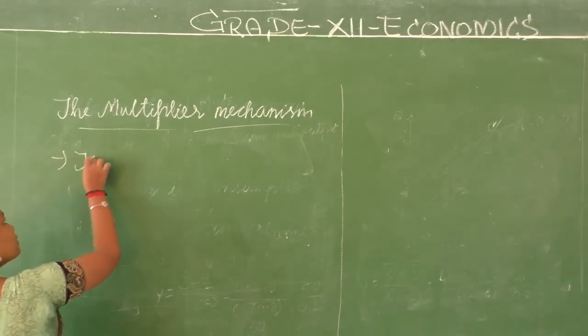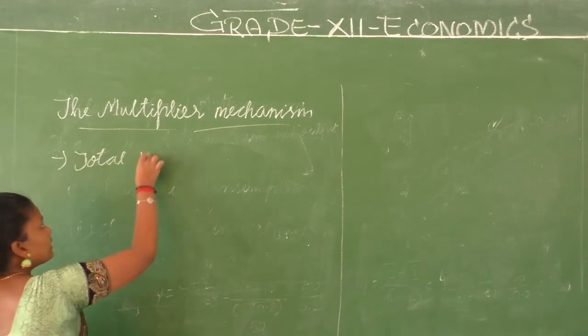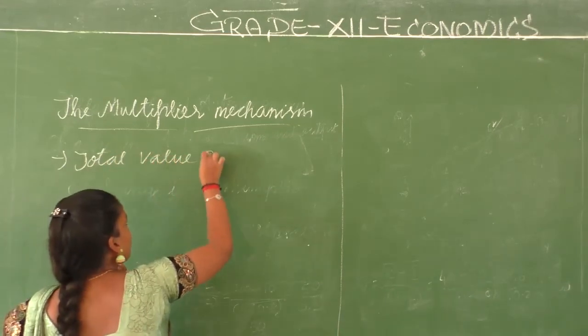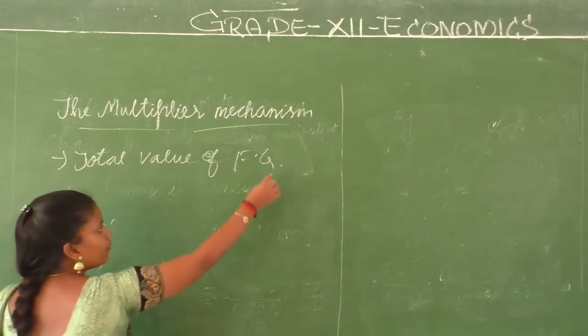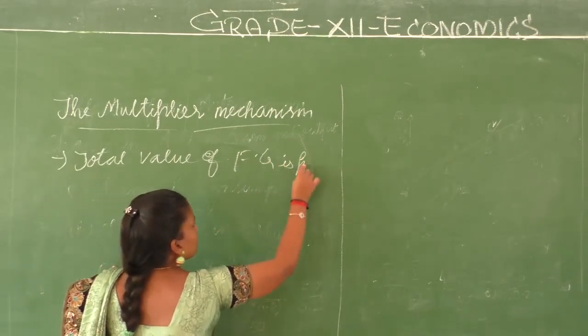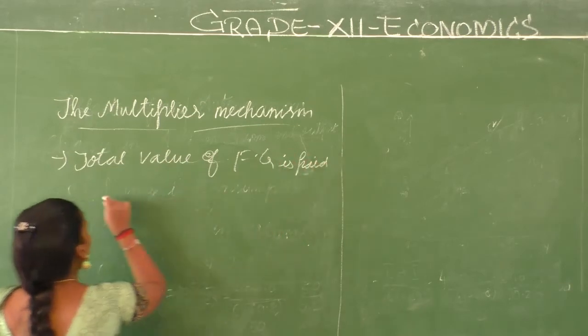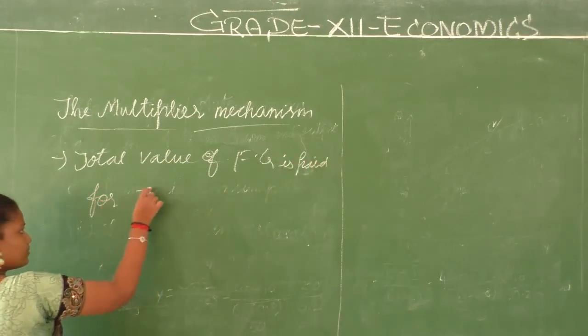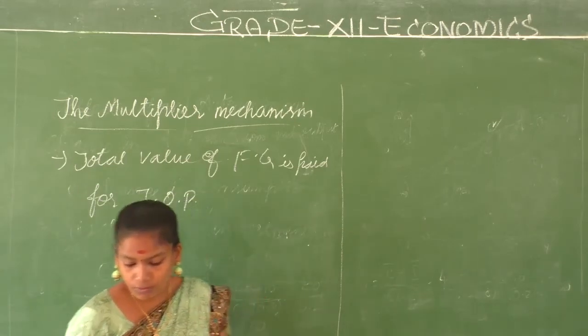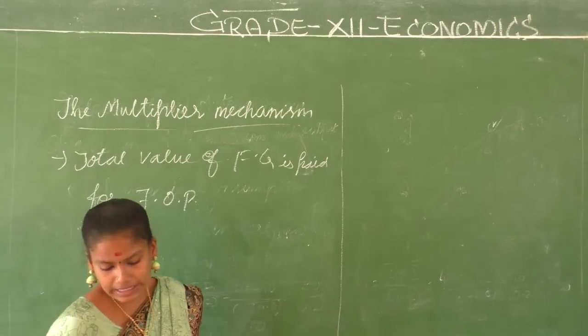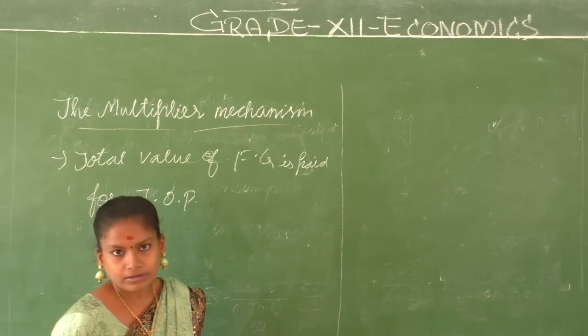So the total value of final goods is paid for factors of production. And then what do we do? The remaining thing is kept as profit.